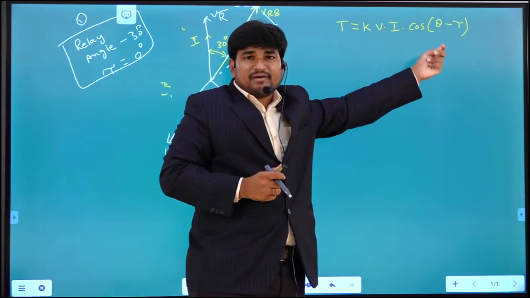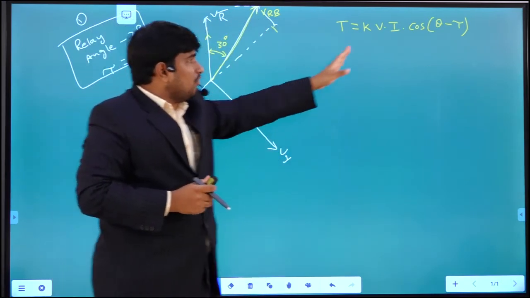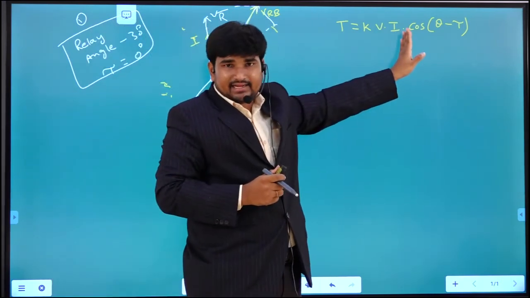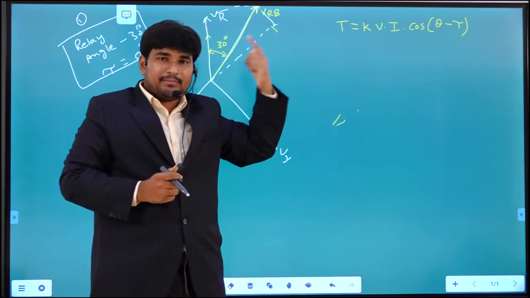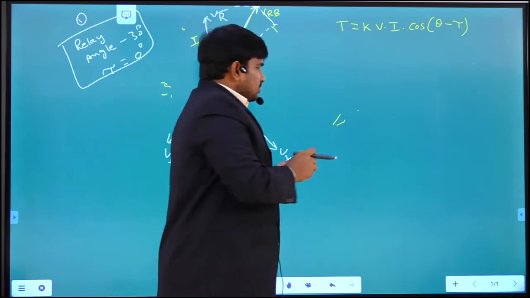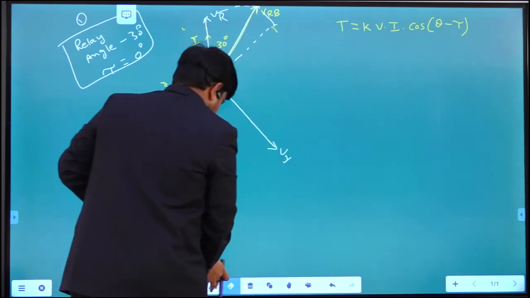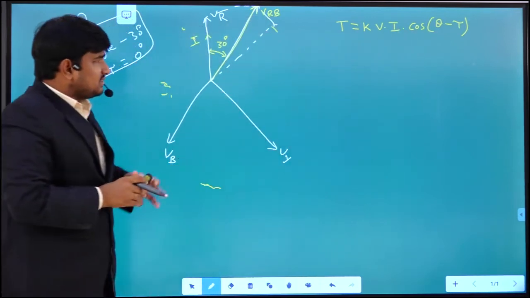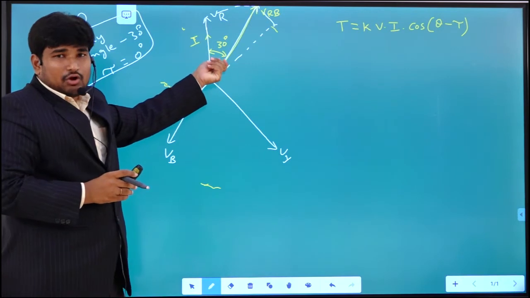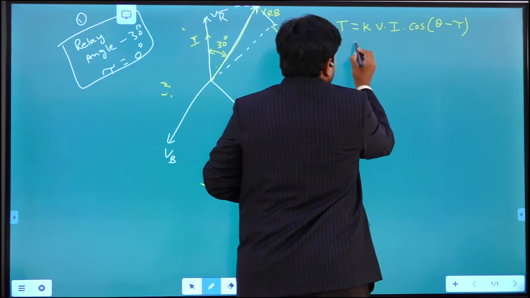Theta is the power factor angle, the angle between voltage and current, if you remember. Theta is the angle between these two. Hence, what is theta now? It is 30 degrees only.